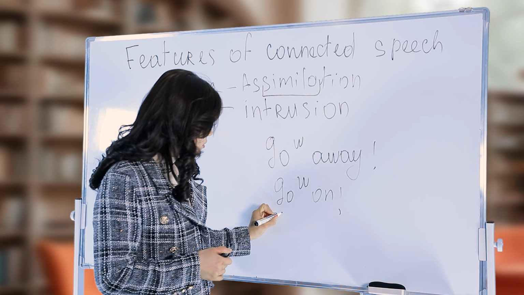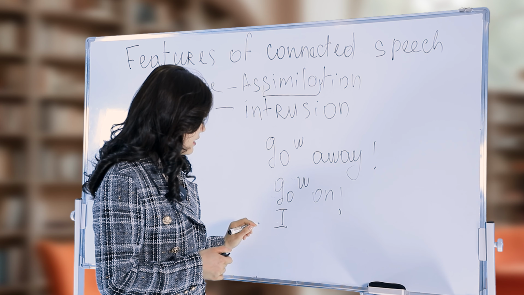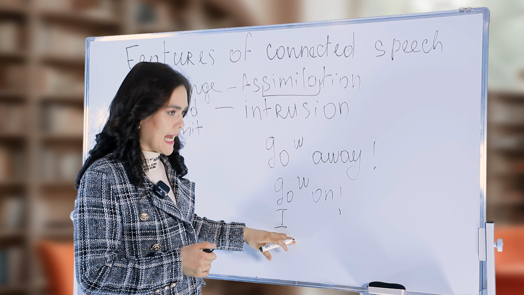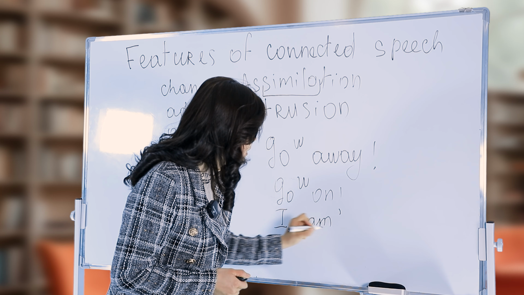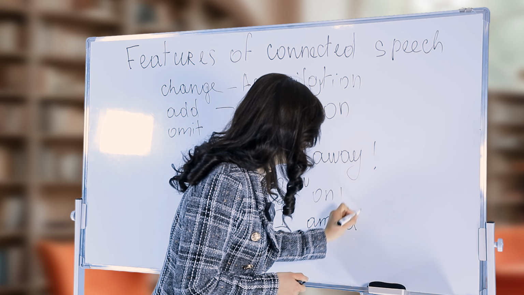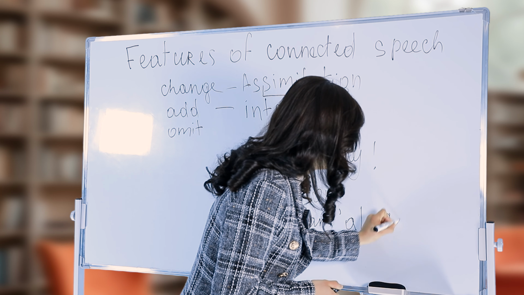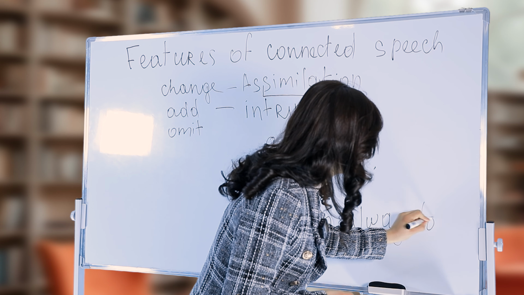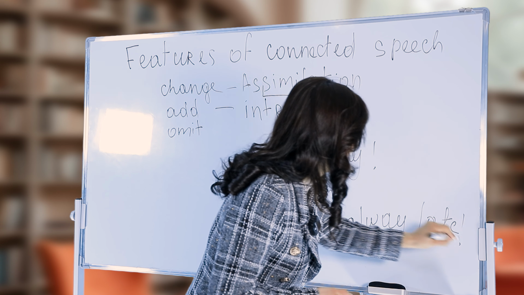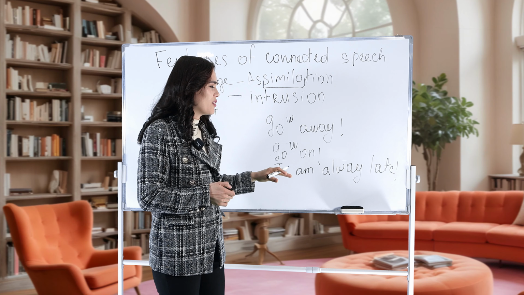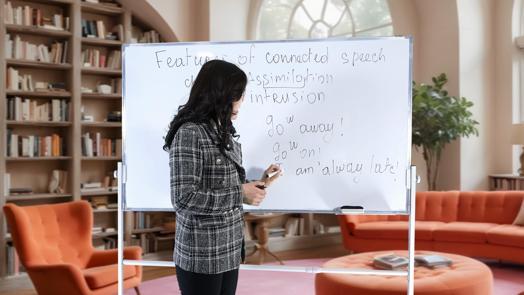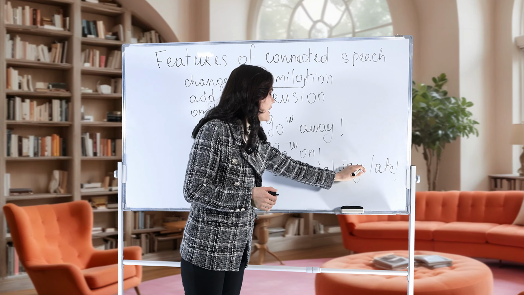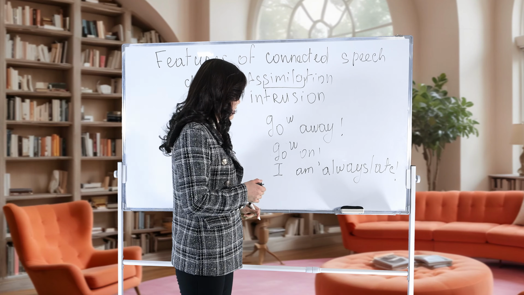So let's move to another, adding a y sound. It is pronounced I, and it is pronounced am. Always late. Actually, it is for the students who are particularly late for the lesson. So I am always late for the lesson.